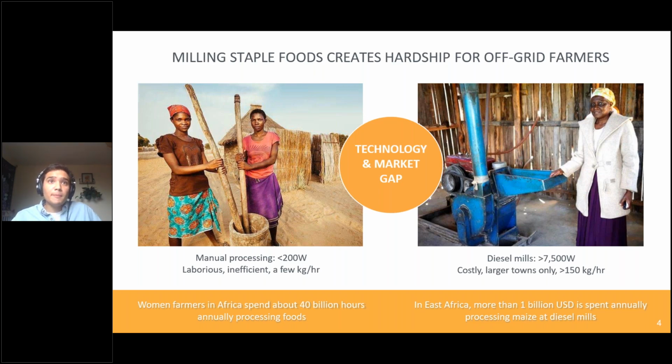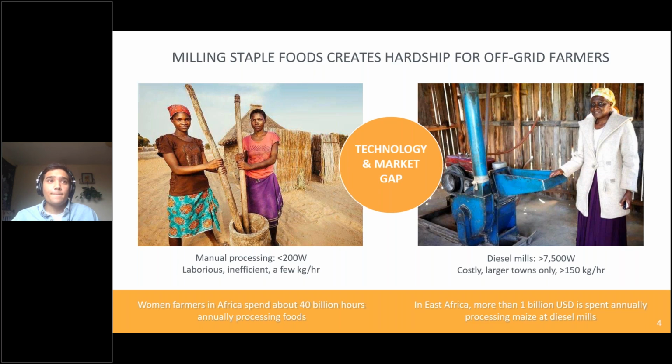The most important of them in this part of the world is maize. The opportunities presently for off-grid people to process their maize to an edible product, because it does need processing before they can eat it, is either doing it manually or using 100-year-old technology, which is a diesel-powered mill.